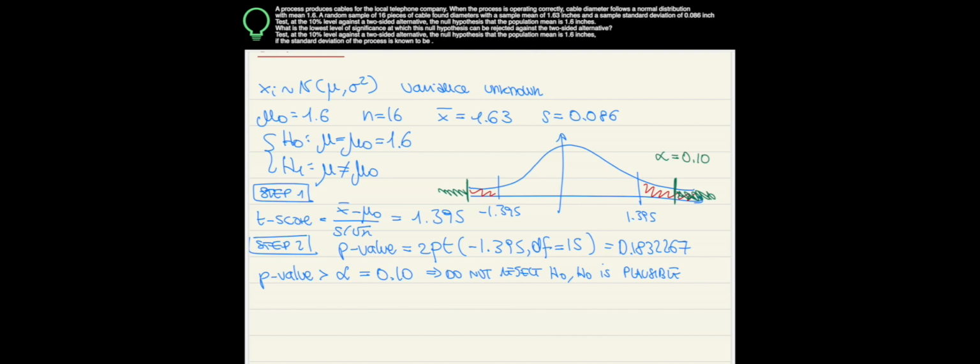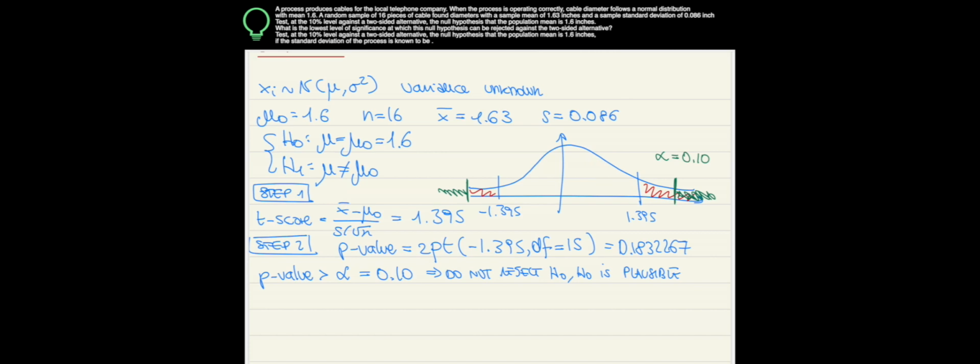So this is the alternative definition of p-value. We've seen two definitions, and you can order them however you want. The p-value is the probability of having a t-score just as extreme or more than the t-score we got, or the p-value is the lowest level of significance at which the null hypothesis is rejected.